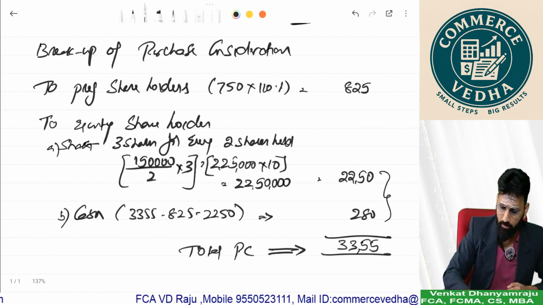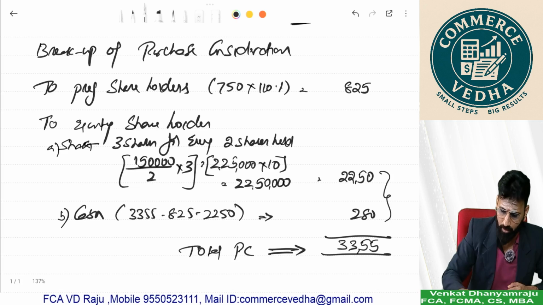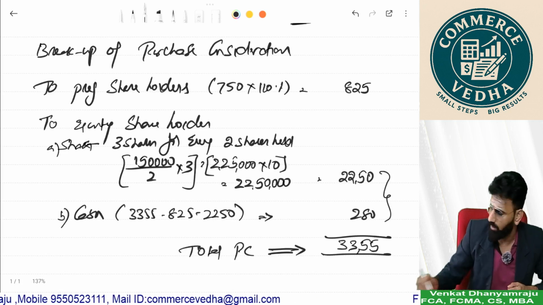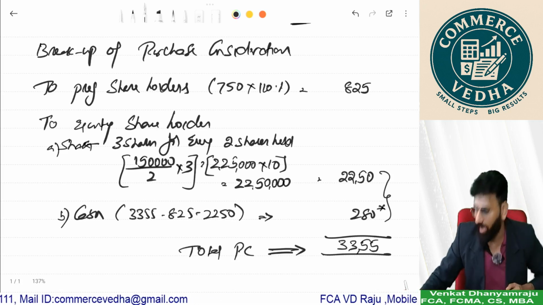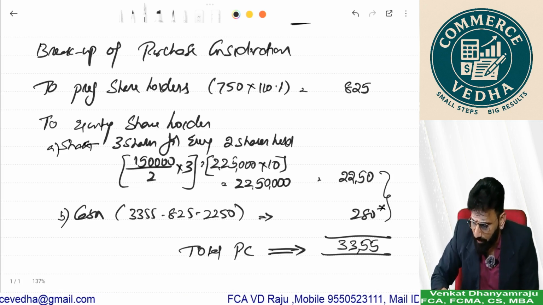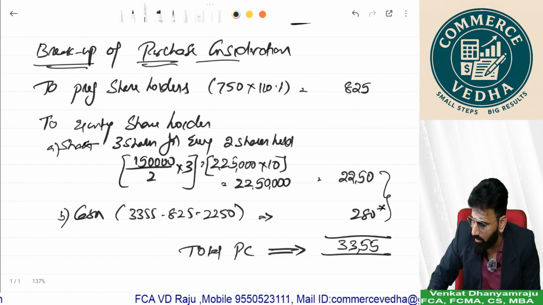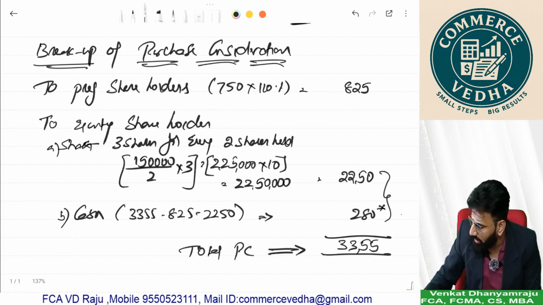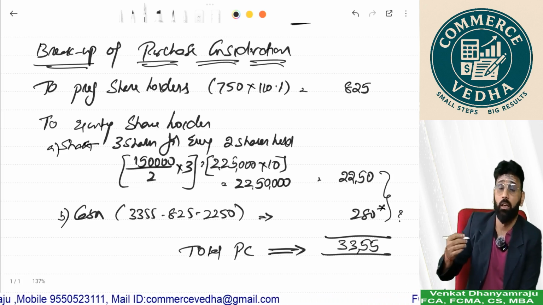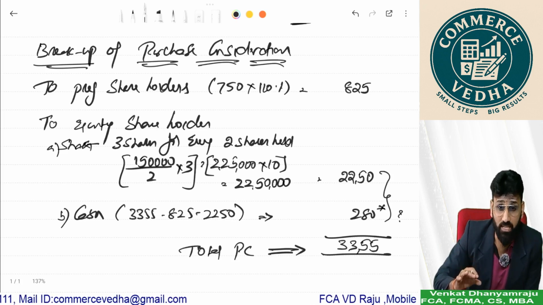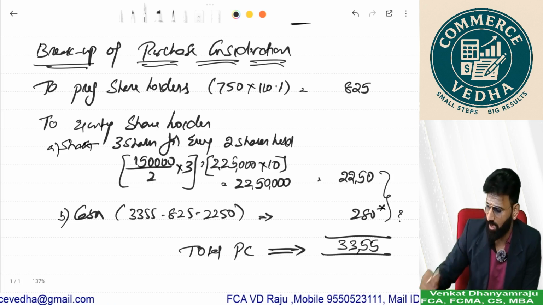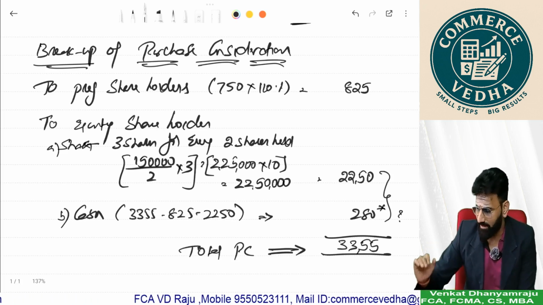So 3355 minus 825 minus 2250 is 280 in the form of cash. We use this method, net assets method, because cash is actually a question mark in the question, which is not clearly given how much cash. It is the balance in cash. Hence we use net assets method.